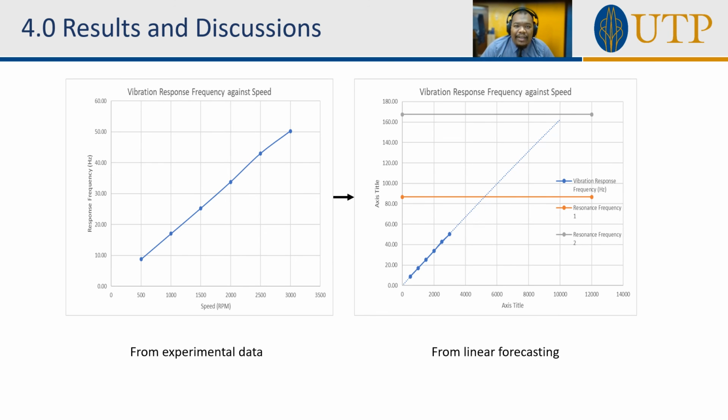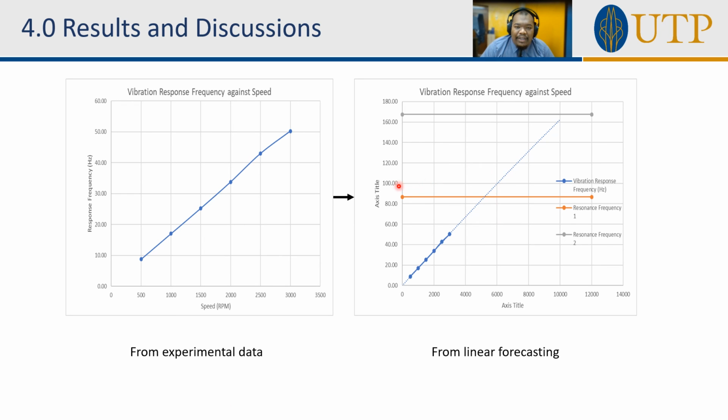Further analyzing the data, the frequency response against the speed of the engine was plotted in Excel. The graph has a linear shape, and using the built-in projection tool, the frequency response of the engine was projected until reaching the speed of 10,000 RPM.